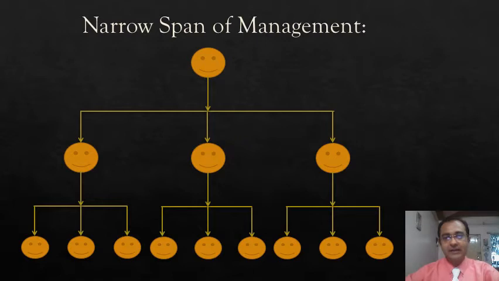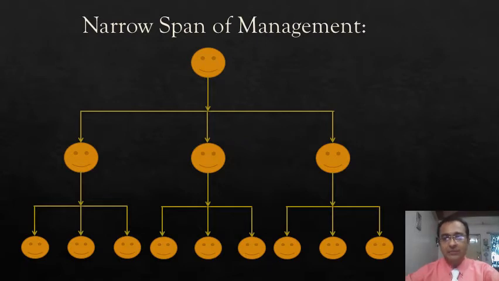In this diagram, you can clearly see that there is one more level added into this span of management because the total number of employees was more. So whenever a company adopts fewer subordinates working under a manager, at that time one more level will be added into the organizational structure, and the span of management becomes narrow.